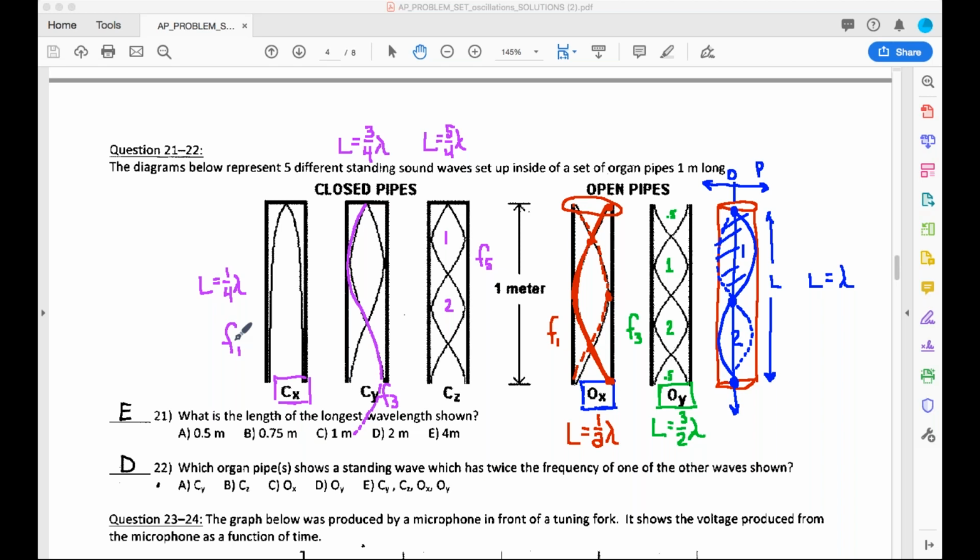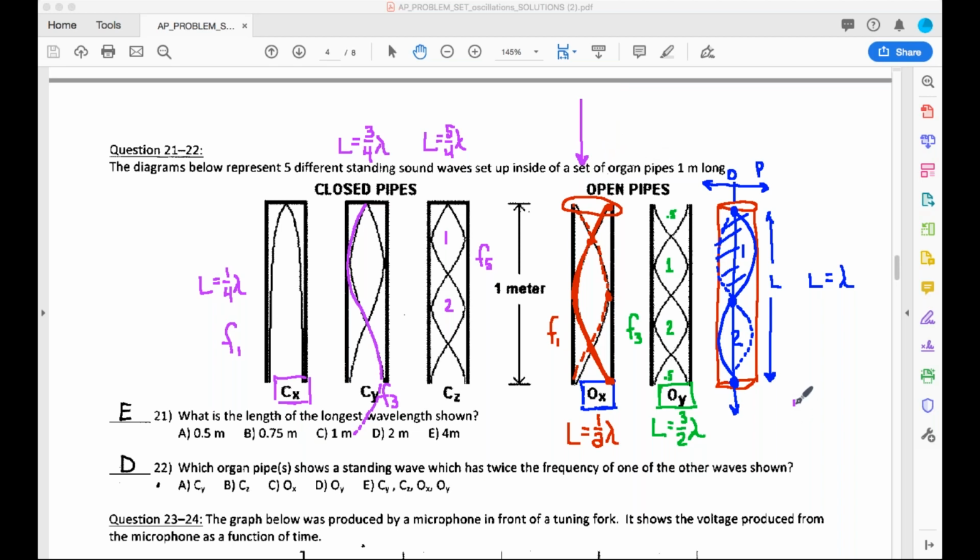So question number 2 is saying, which organ pipe shows a standing wave which has twice the frequency of one of the other waves shown? So when I look over here, F1 for O subscript X, this is F1. F3 is going to be 3 times the frequency.